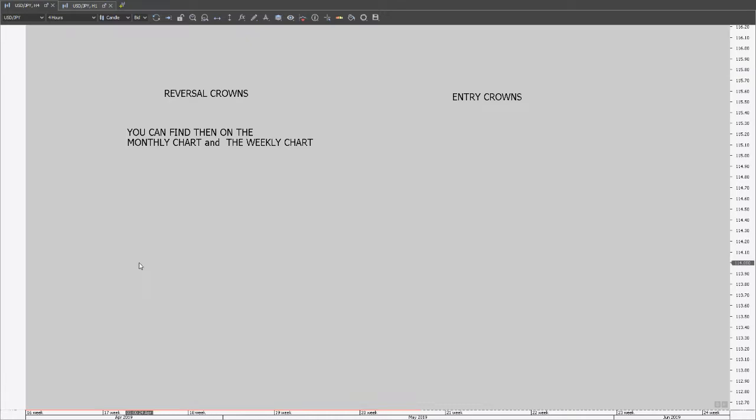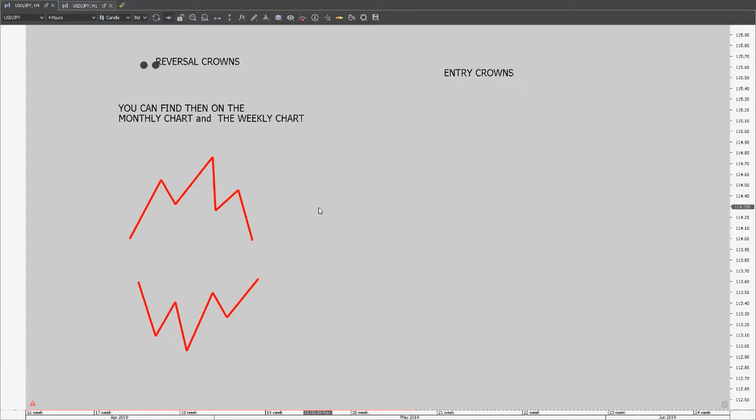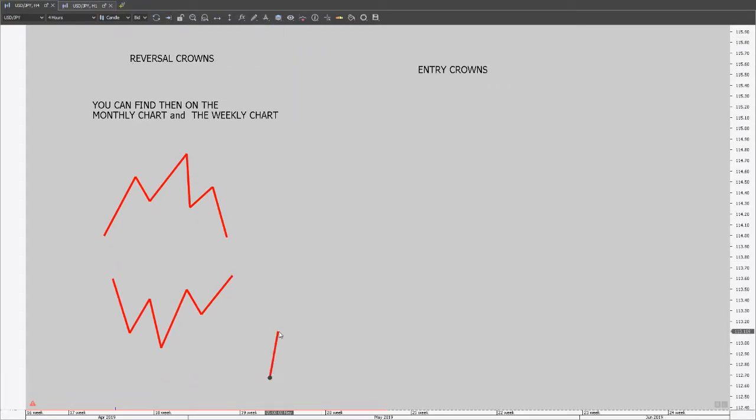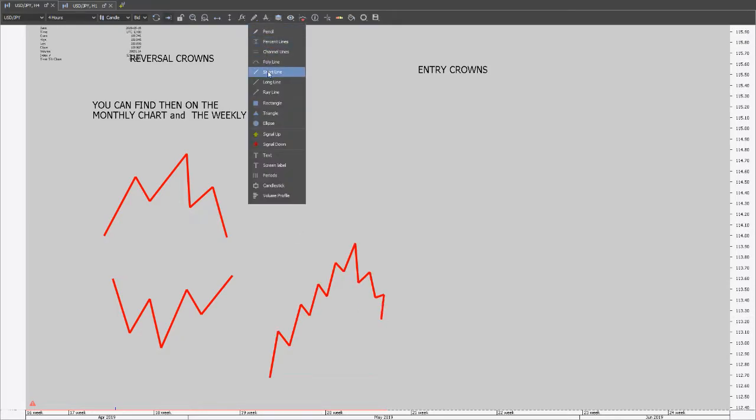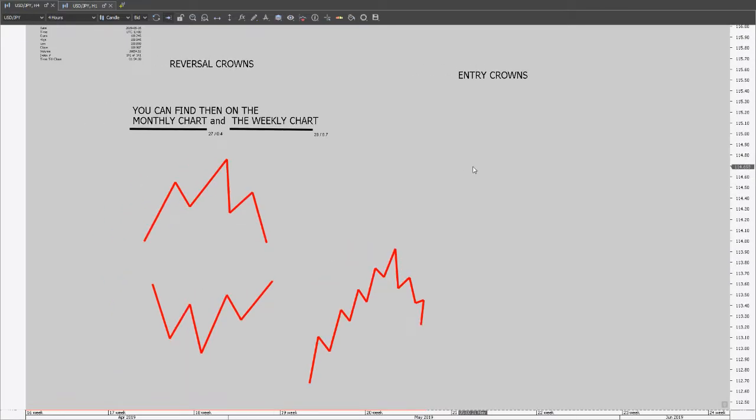When you find a bearish crown or a bullish crown on the monthly chart or on the weekly chart, those are the reversal crowns. So trend reversal is most likely to happen. Remember, monthly chart, I didn't say 15-minute chart, monthly chart and the weekly chart. Those are the reversal crowns.